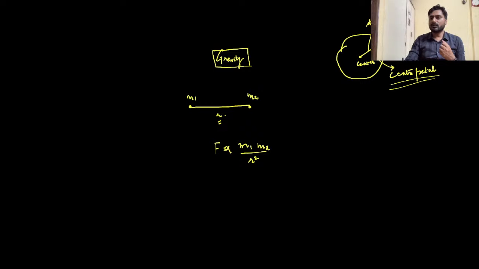This outward force is not allowing the stone to fall at the center. So the faster the stone is revolved, the more the centrifugal force. If the centrifugal force increases to a large extent, then the string can break also. So that is the idea here.